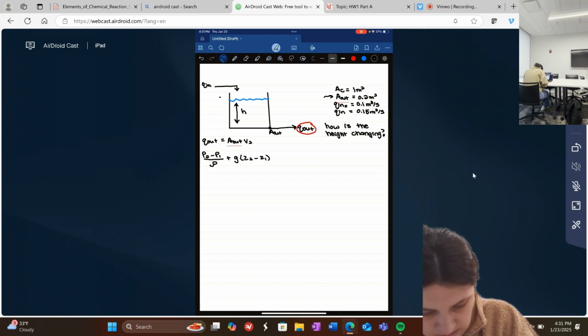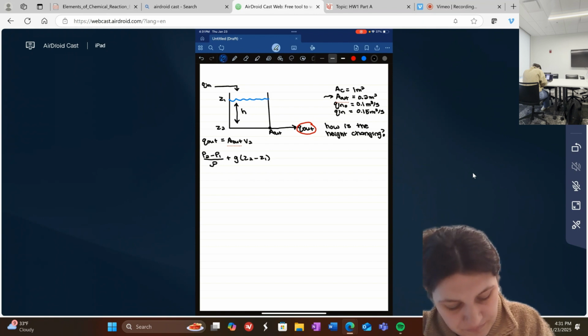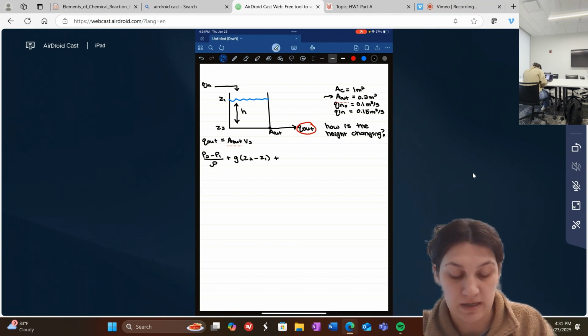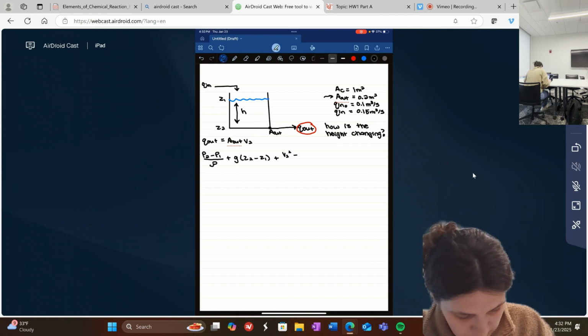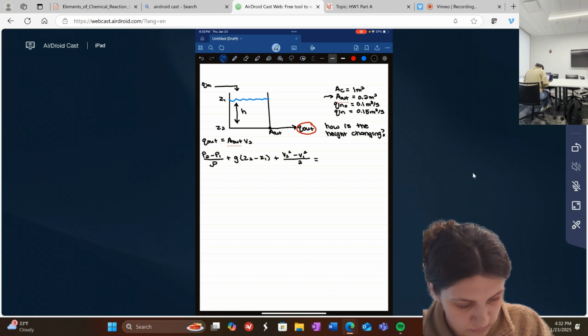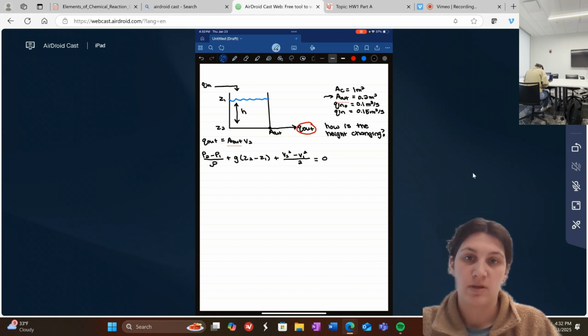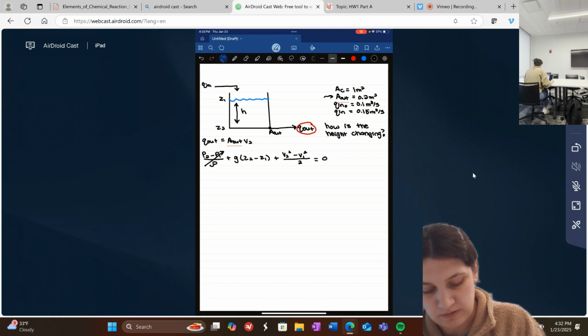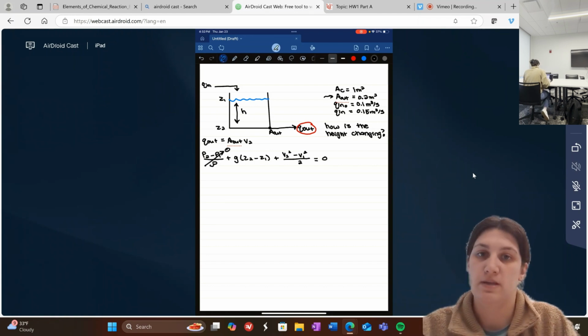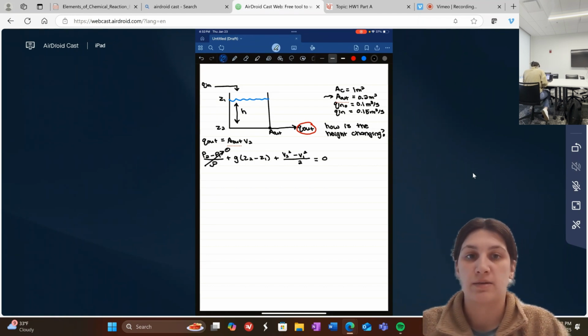And we're going to say that Z1 is up here and Z2 is at the bottom of the tank, plus our kinetic energy, so V2 squared minus V1 squared over 2, all equal to 0. At this point, we are able to make some cancellations, so we can get rid of the pressure term since our pressure at points 1 and 2 is atmospheric.